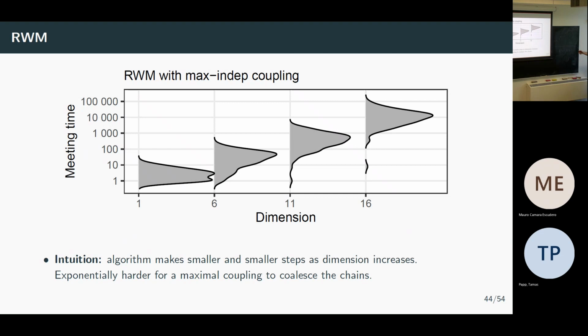The intuition as to why this fails is basically, let me do a little drawing. This maximal coupling with independent residuals makes absolutely no effort to contract the chains whatsoever. When the dimension is big, in standard asymptotic land, your chains are order d apart in squared distance, but they need to make smaller and smaller moves of size 1 over d in terms of proposal variance in each coordinate.